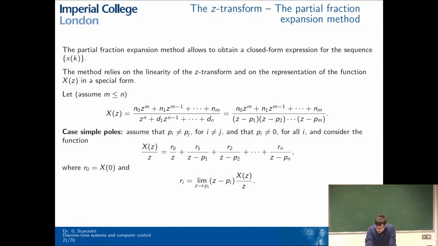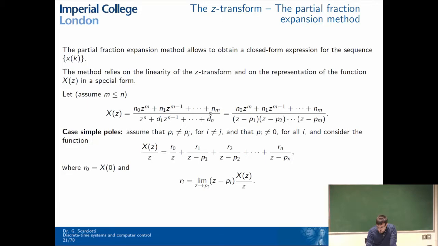So we present the method divided into two different cases, one simple case and one more complicated case. The assumption is that we have a Z transform that can be described in the following way. We have a fraction of polynomials in which the assumption is that m is less than or equal to n. Okay?